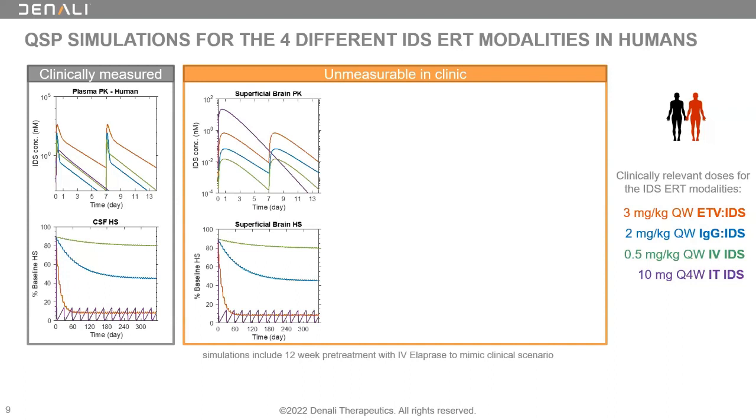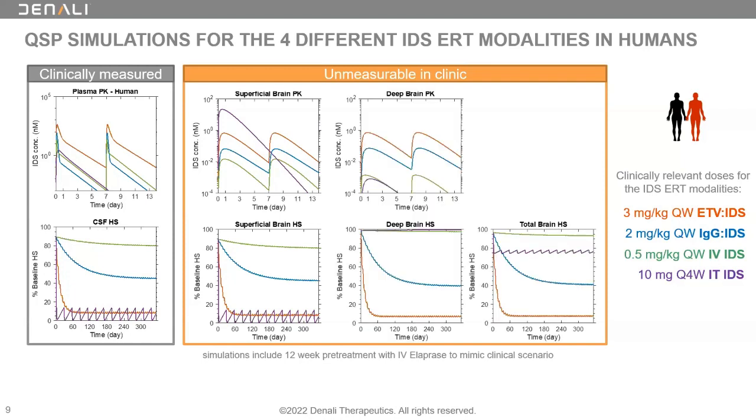Now, what we have here is the predictions for the superficial region of the brain. And if you focus on IT administration of elaprase, you see very high exposures, and that is expected because you're dosing directly into the CSF region, and there is good distribution in the superficial region of the brain.